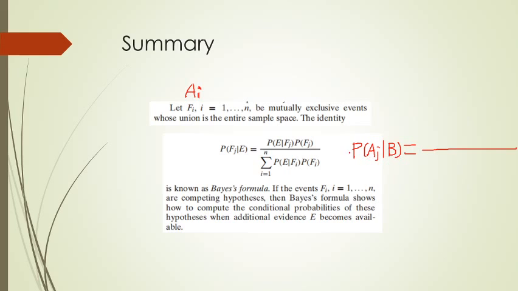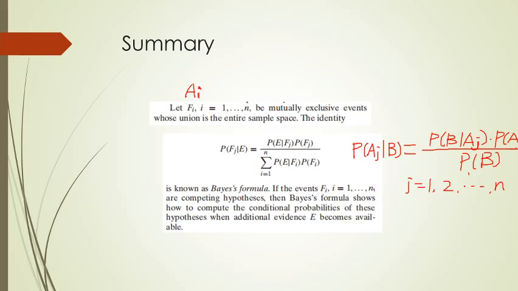If the cause comes from the j-th one, what is the probability? So that will be the probability of B given Aj times the probability of Aj over the probability of event B. How can we expand the probability of event B according to the total probability theorem, right? This is called the Bayes formula, and my j can start from 1, 2 until n, right?